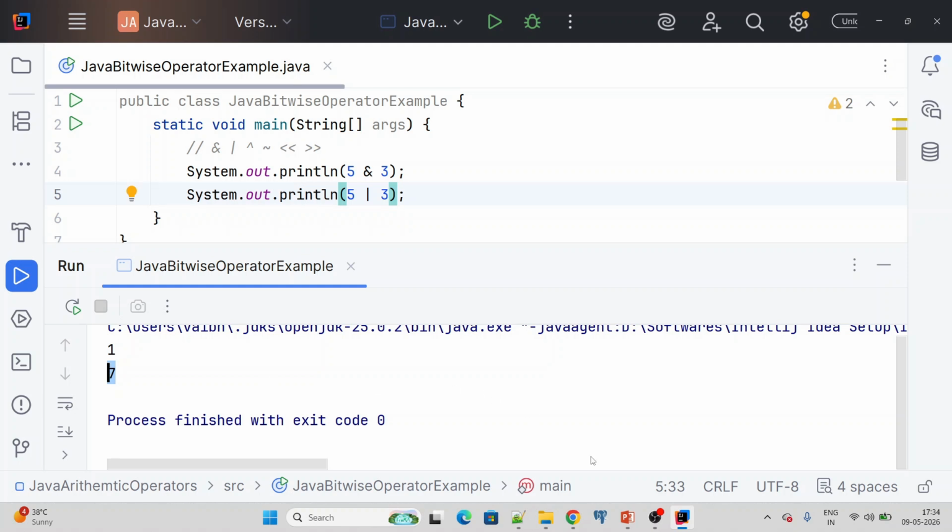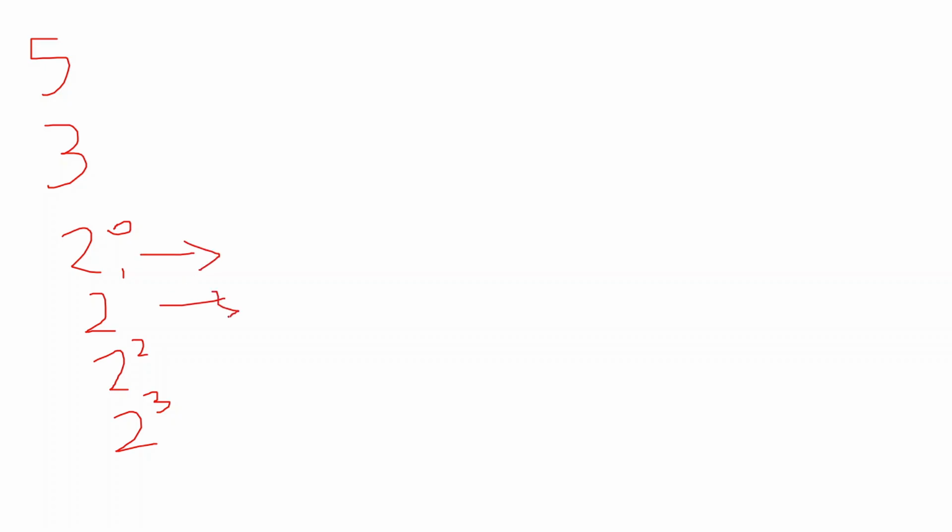Let's understand. We have number 5 and we have number 3. We need to take powers of 2, right? 2 raised to 0, 2 raised to 1, 2 raised to 2, 2 raised to 3, and so on. Since our numbers are small, we can consider till here. You can take as many as you like.